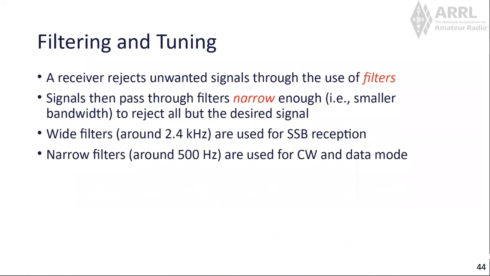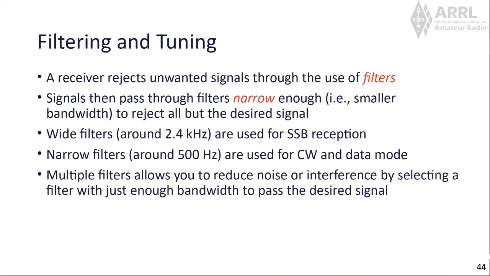Narrow filters around 500 hertz are used for CW and data modes. Multiple filters allow you to reduce noise or interference by selecting a filter that is just wide enough in bandwidth to pass the desired signal.